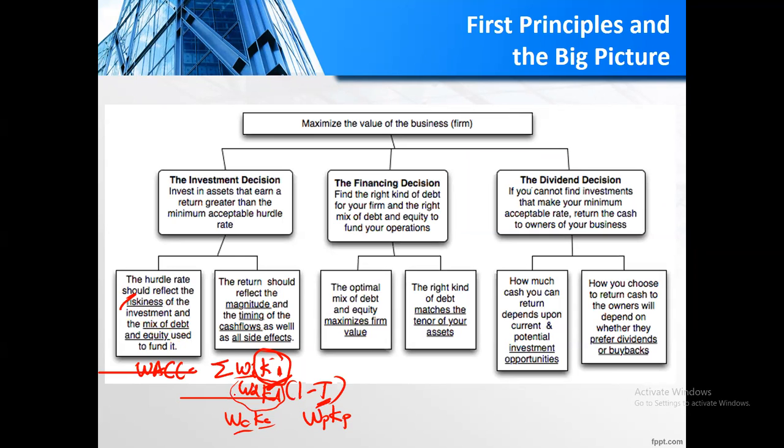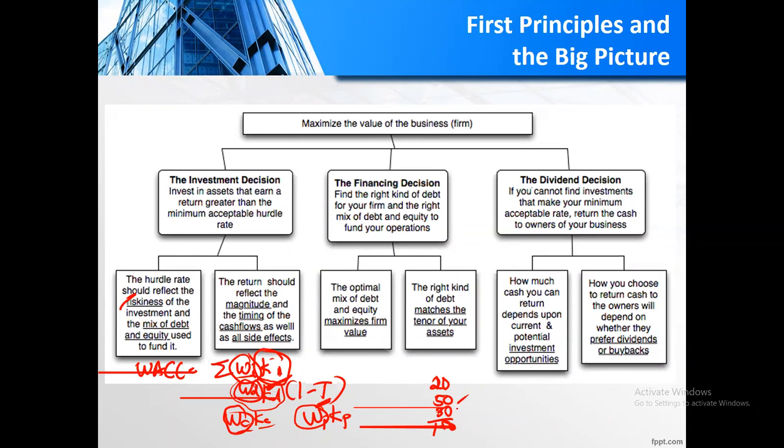And the mix, guys, is reflected by the weights. We're weighing it against the composition of the common stock, the preferred stock, and the debt. As an example, let's say debt is 20, preferred stock is 30, and common equity is 50, so all in all this is 100.